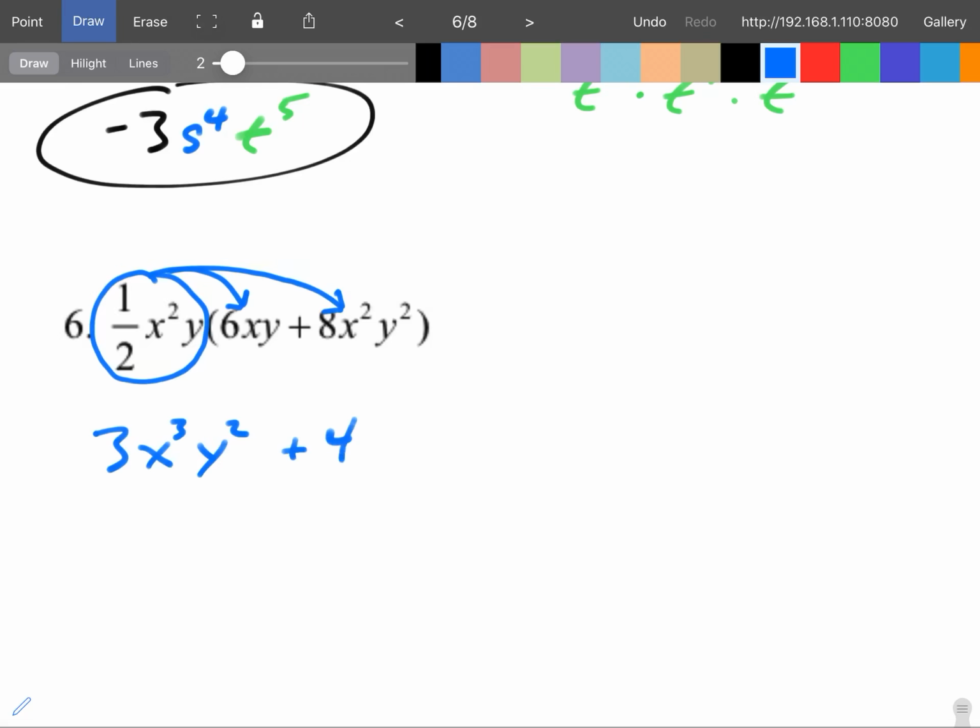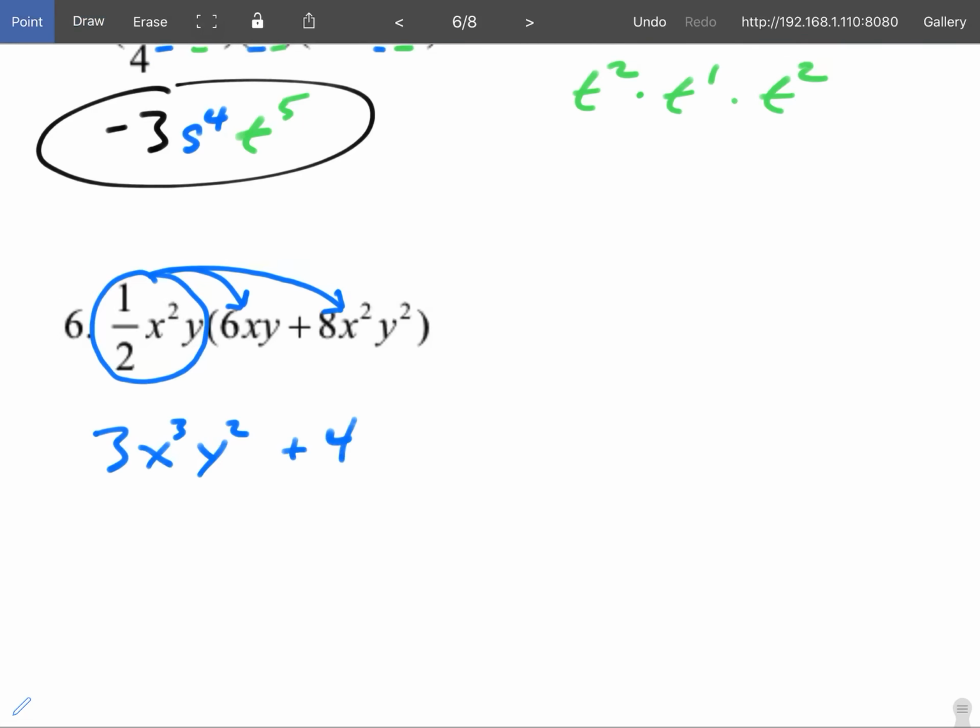Then you're going to do x squared times x squared. So you did the 1/2 here, half of 8. That's what gives you the 4. And then you're doing x squared times the x squared.